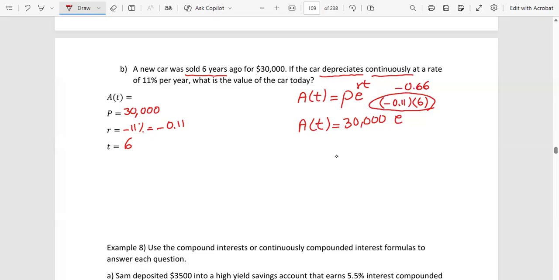So the value of the car right now is 15,505.5. Okay, the car that was sold 6 years ago for 30,000 now is only worth about $15,500 because the car depreciates continuously every year, 11% per year.